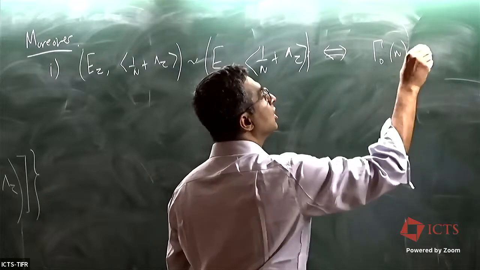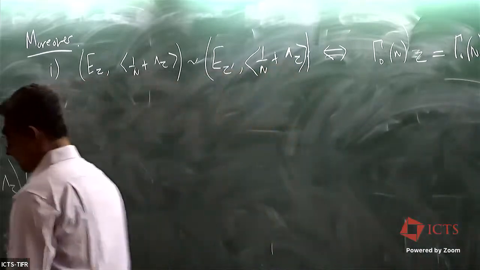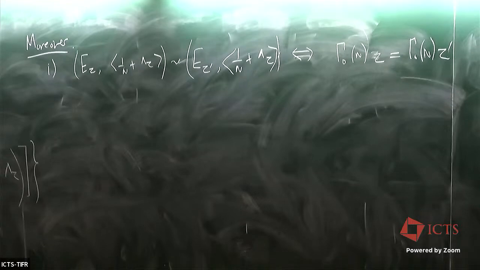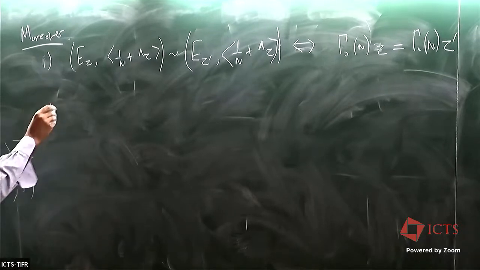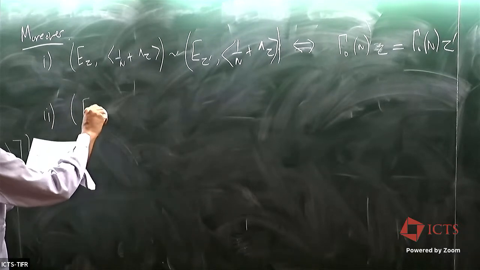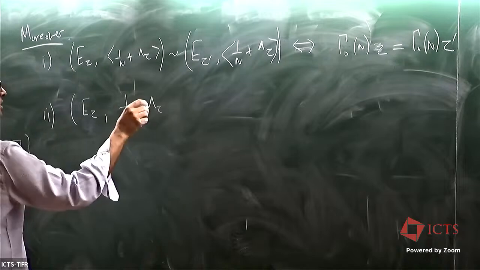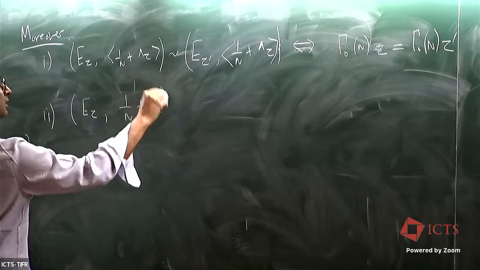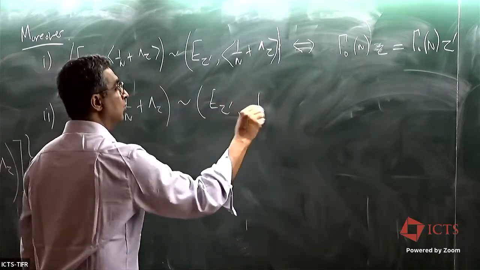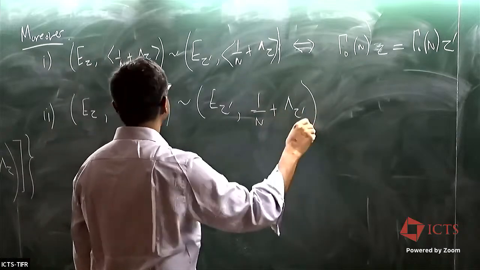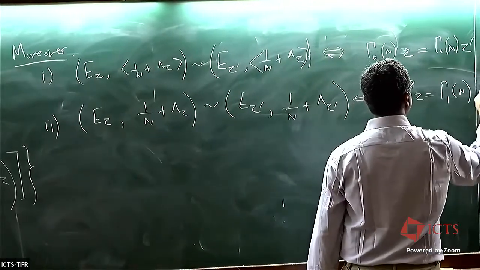This is the orbit. I follow this slightly pedantic notation. Modulo gamma naught n, tau is equal to tau prime. Okay. Similarly, two more statements. E tau. You can see the second case has the least notation, and that's the one that I'll prove. This is equivalent to E tau prime, 1 over n plus lambda tau prime, if and only if gamma 1 n tau equals gamma 1 n tau prime.